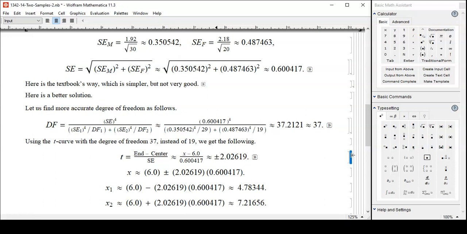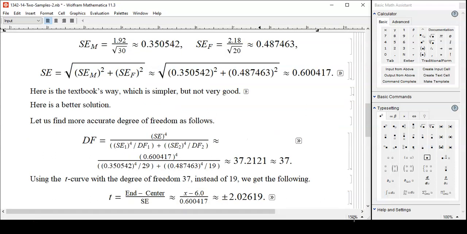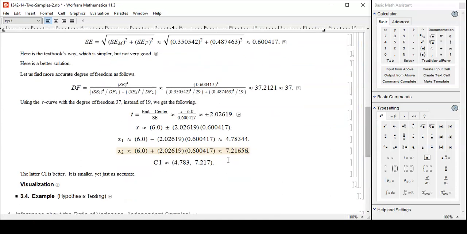As I just showed you, today's statistical calculation tools can handle decimal degrees of freedom with no trouble whatsoever. But here I used the integer value and got up to here as a t-score, and you can calculate your endpoints like this: center minus margin of error t times SE, center plus margin of error t times SE, which will result in this expression of the confidence interval.